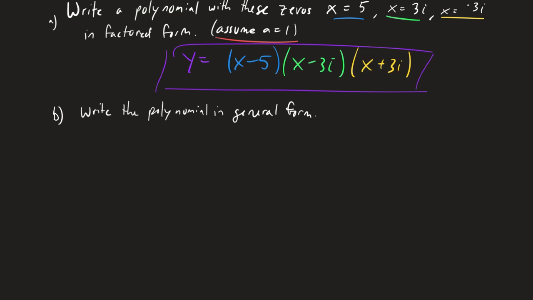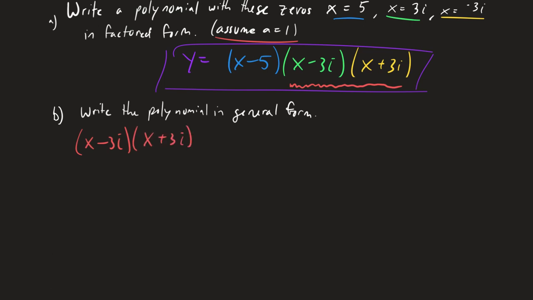You should get the same answer in the end, but doing these 2 first really should make your life a lot easier. So that's where I'm going to start. I'm going to take these 2 here and multiply them. It's just distribution. So, x minus 3i times x plus 3i.